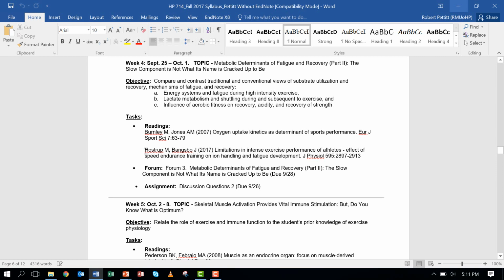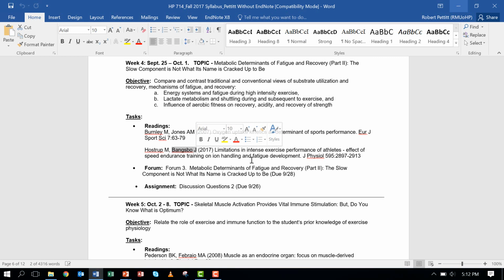And then I really struggled to find a paper with Jens Bangsbo. Anybody who uses Homer Simpson in their slides is an A+ in my book. He's a really interesting dude. I think he's Scandinavian. He shows up in blue jeans with a sports coat when he gives a talk, or sometimes you'll see him wear a leather jacket.